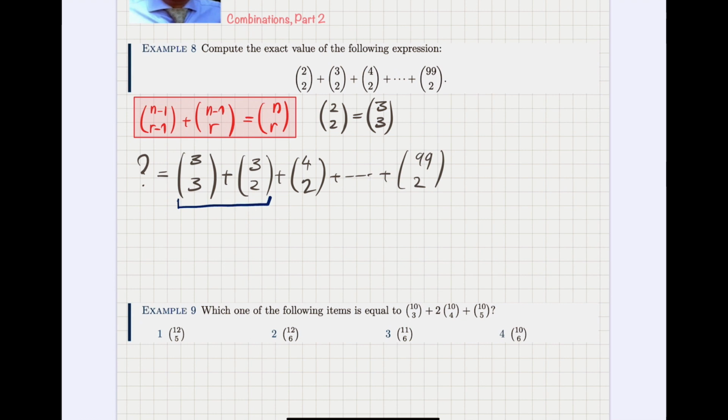Remember the rule: I need to add 1 unit to the top number, so instead of having 3, it becomes 4. And among these two bottom numbers, I have to choose the bigger one. Between 2 and 3, the bigger one is 3. So according to Pascal identity, this pair can be replaced by 4 choose 3.